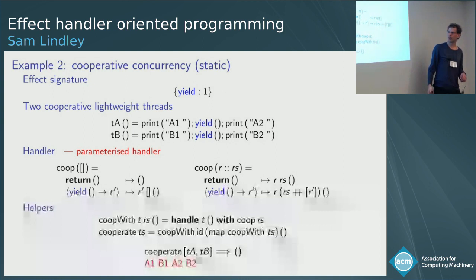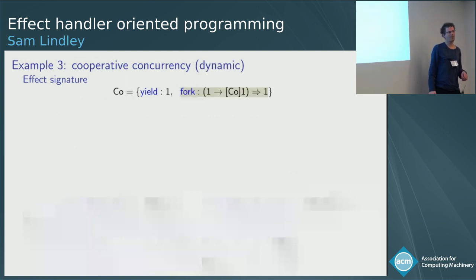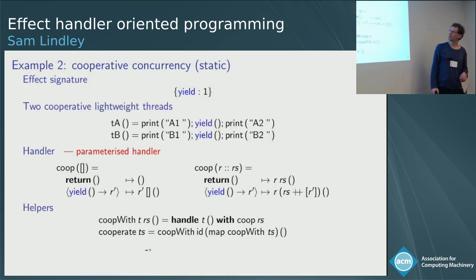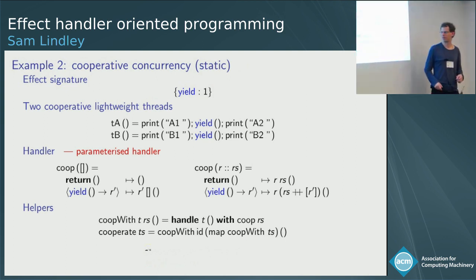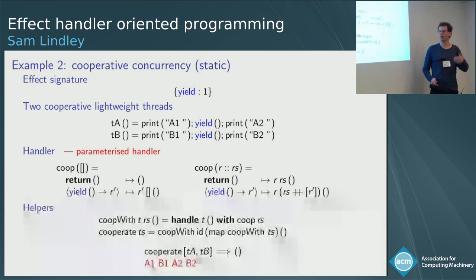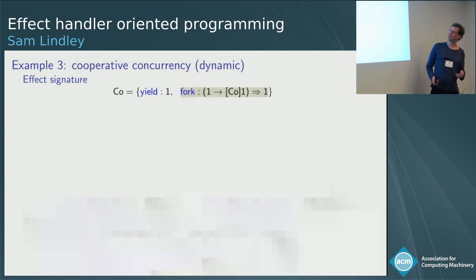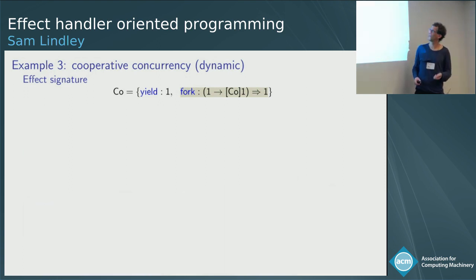So that's quite nice. It now gets a little bit more complicated. This is a situation where you statically have a collection of threads you want to run, but you can't create new ones. It's natural to want to add another operation, which I'm going to call fork, that allows you to fork a new thread. And the representation of a thread is a function from 1 to 1.